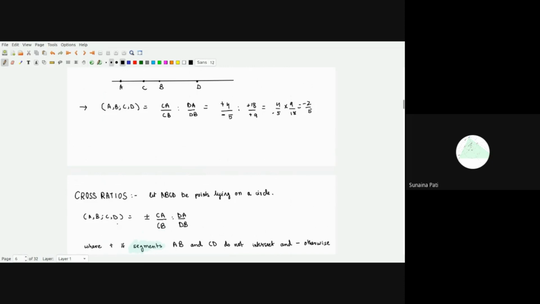Then the cross ratio ABCD is defined as plus minus CA by CB is to DA by DB, where it's plus if the segments AB and CD do not intersect and negative otherwise. That's the definition. Everybody's fine with it, right? You basically have 4 points lying on a circle. If everybody is fine with it.